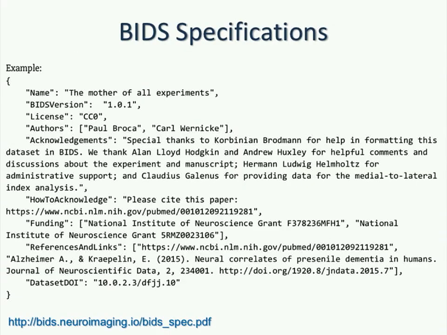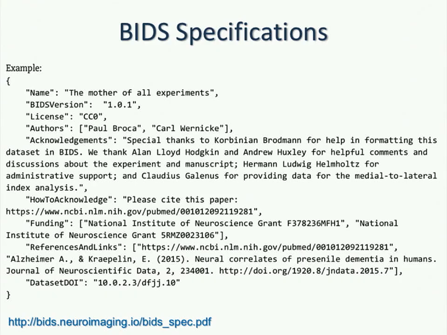Okay, and so this is a very simple BIDS specification of the main project information. Again, this is in JSON. How many people are familiar with JSON? Okay, so again, about half the room. Don't be intimidated by JSON. It's basically a very simple attribute value way to describe data, similar to XML.